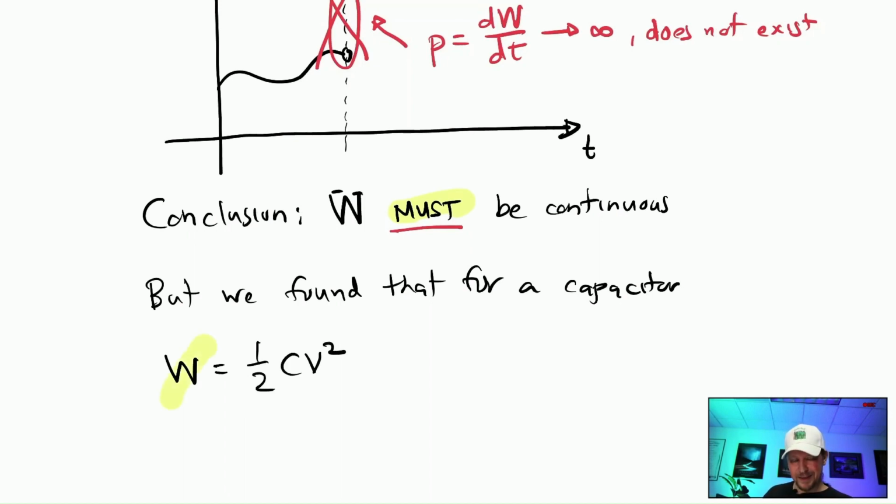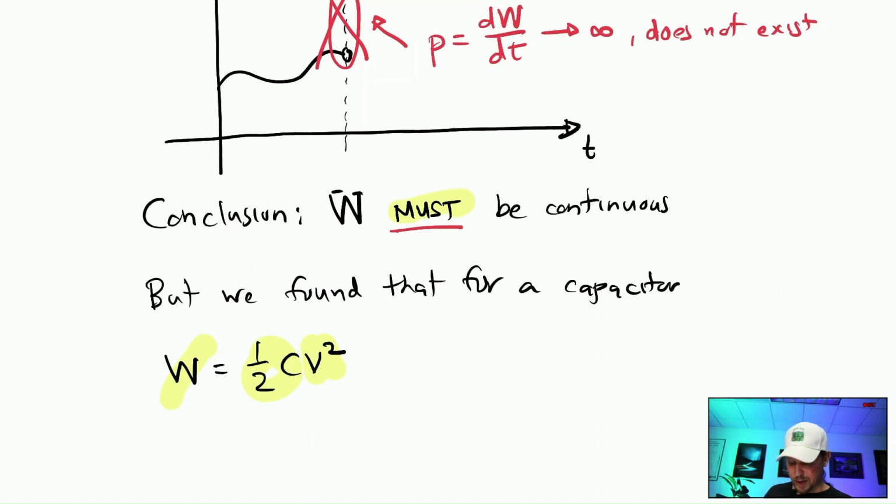Now, if this is continuous, and this is a constant, then it must be true that v squared must be continuous too. If you have a continuous function on one side, equal to a constant times another function, both must be continuous.